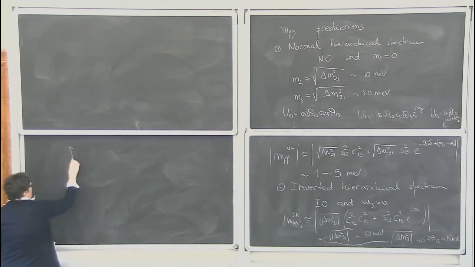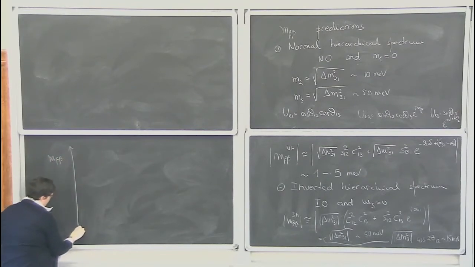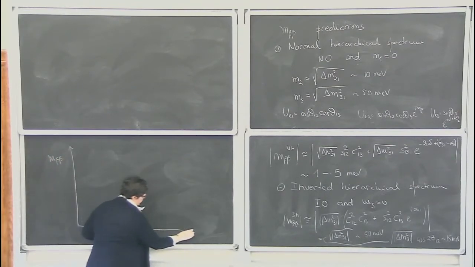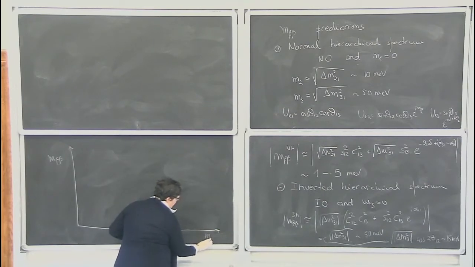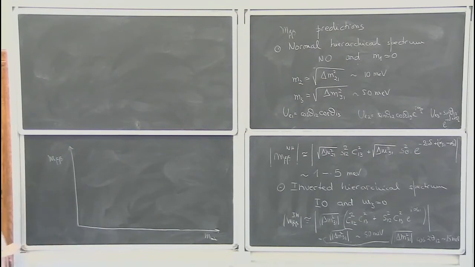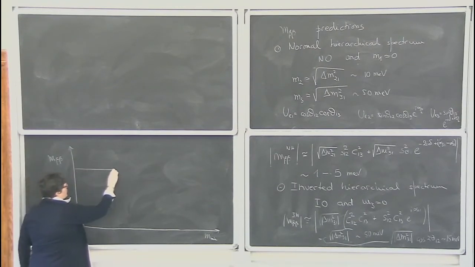So you have the predictions for m beta beta. And here you have minimal mass, which is m1 for normal ordering and m3 for inverted ordering. In the case of inverted ordering, first of all, you have those predictions. Still, you can neglect m3.